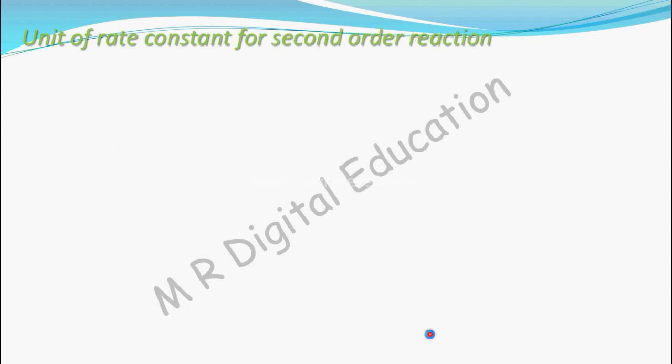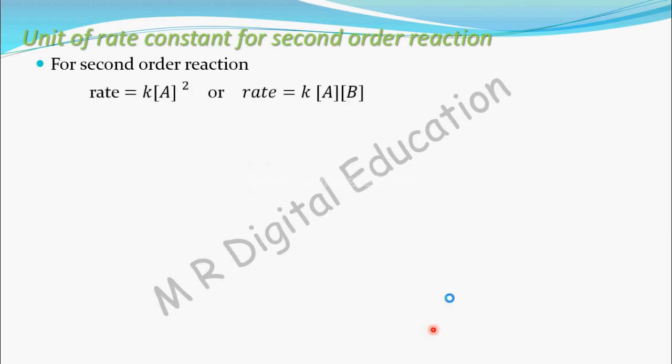Let's see what will be the unit of rate constant for a second order reaction. For a second order reaction, we can write the rate law as rate equal to K into concentration of A to the power 2, or you can write rate equal to K into concentration of A into concentration of B. See, its order is also 2.